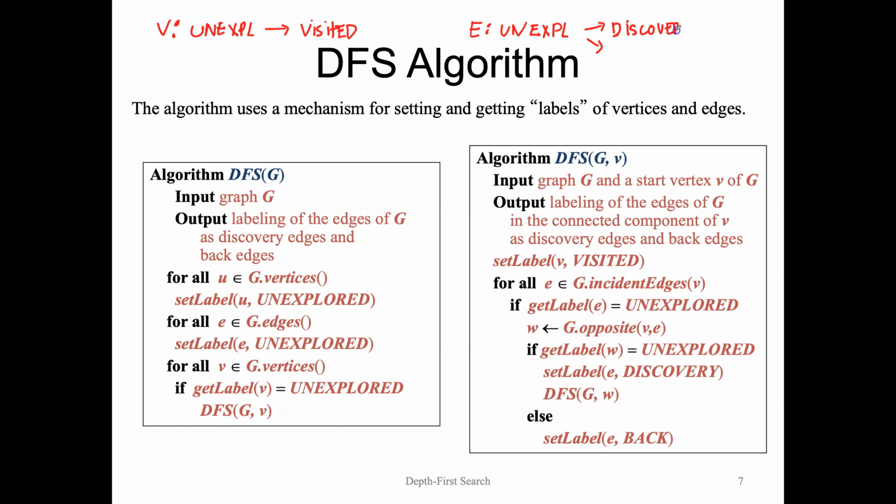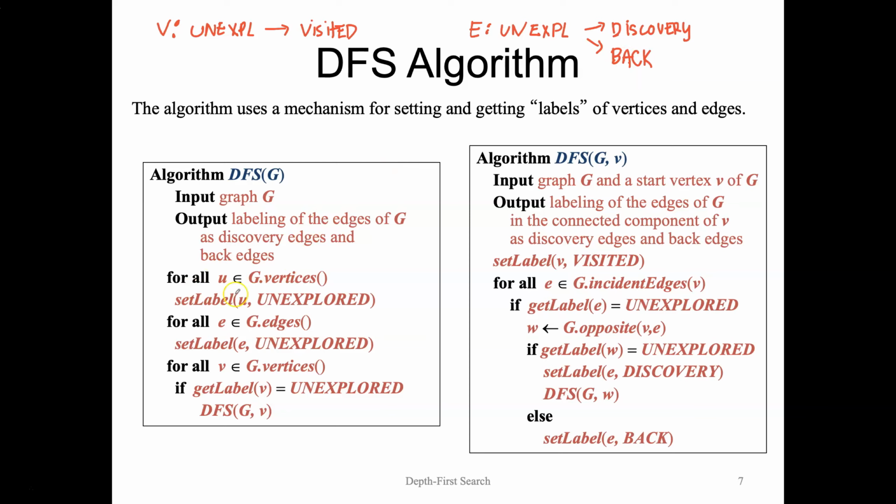So a discovery edge would be an edge that we're using in order to discover a new vertex that we had not yet visited. Or we'll mark an edge as what we'll call a back edge. So a back edge is an edge that we have just now visited, but this edge is leading back to a vertex that we've already visited.